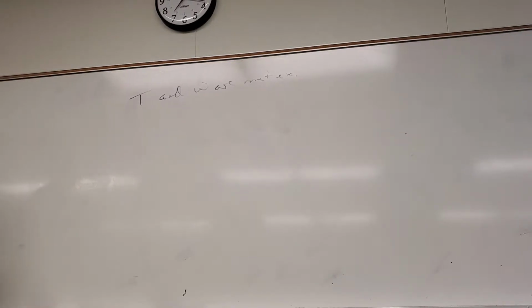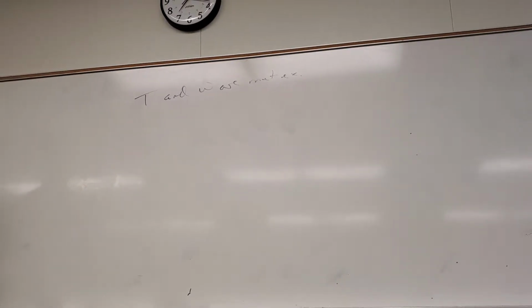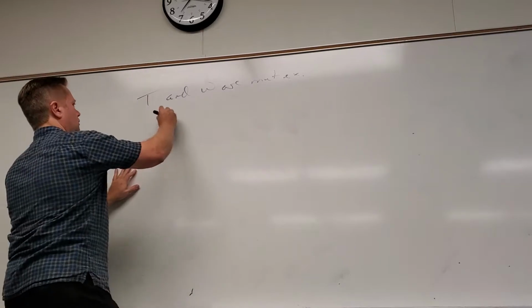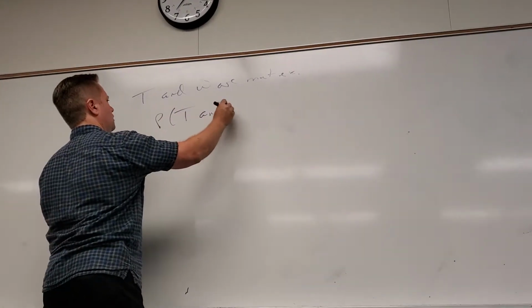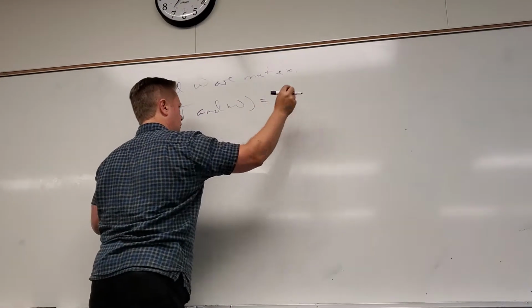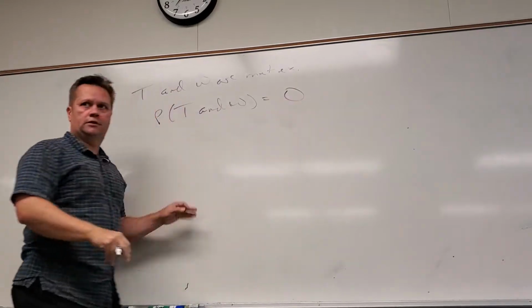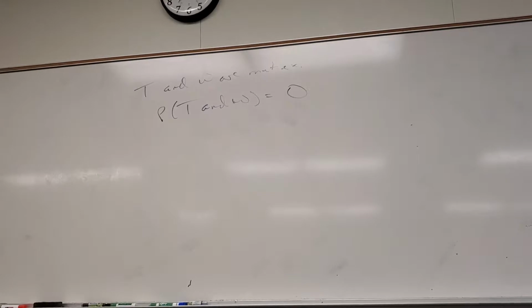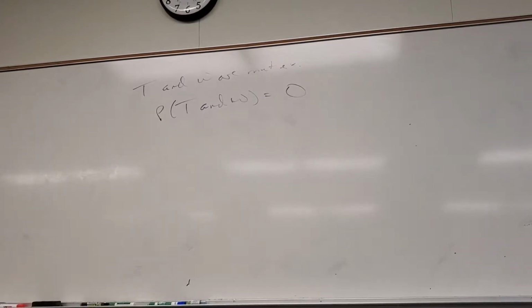What must be true? Yes, the probability of T and W must be 0. Has to be 0. We know that. That's what mutually exclusive means. They can't both happen at the same time.